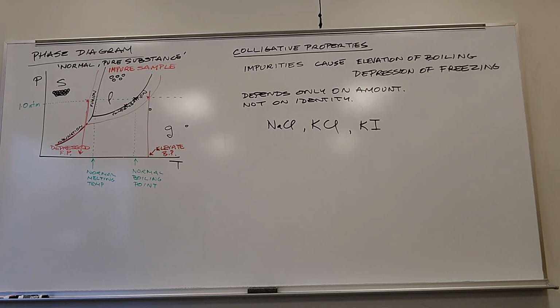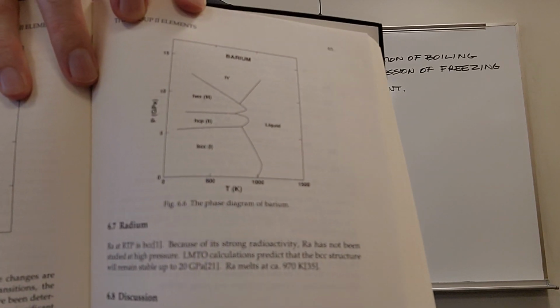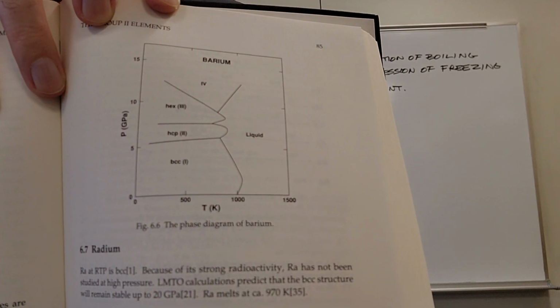And then there you go, barium. This one actually labels it with notations that tell you there's a hexagonal morphology in there, and there's an HCP, which means hexagonal close packed.